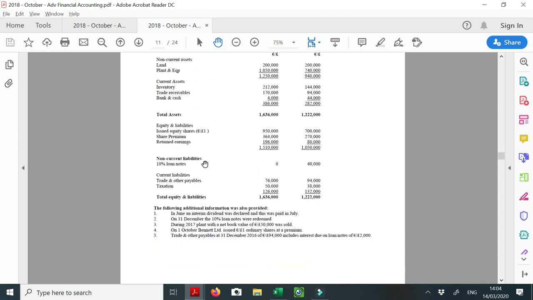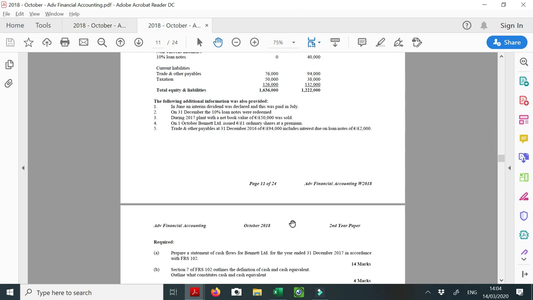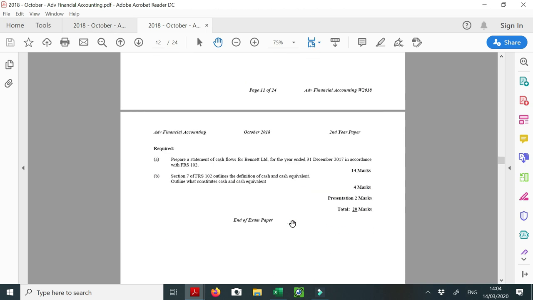So that's really the question. There is a little bit of theory, looking at what did the theory ask me. It's looking at the definition of cash and cash equivalents. So cash is usually liquid assets. It's usually investments held, I think, within that you can convert into cash within a 3-month period.